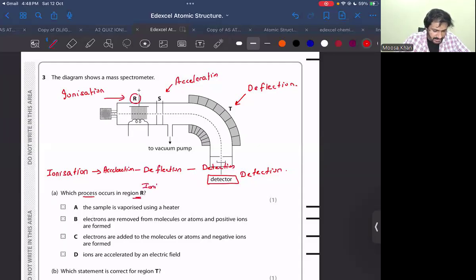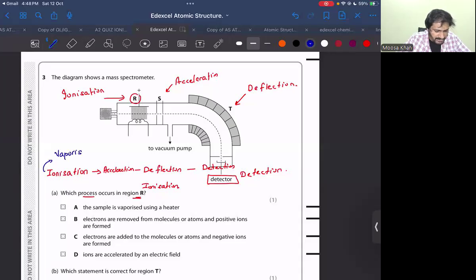Now let's see in which option they are talking about ionization. Option A says the sample is vaporized using a heater. So the sample is always vaporized before the ionization. Everything that you are entering into the mass spectrometer must be in the vaporized form. So if you want to add one more step before ionization, everything has to be converted into the vaporized form.